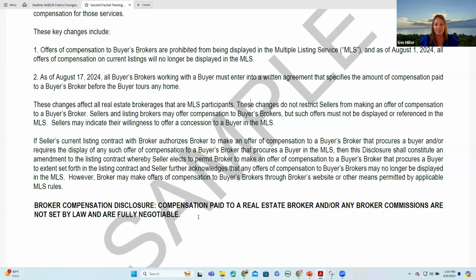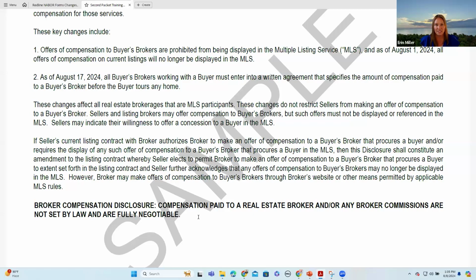And the seller further acknowledges that any offer of compensation to a buyer's broker may no longer be displayed in the MLS. However, the broker may make offers of compensation to buyer's brokers through the broker's website or other means permitted by applicable MLS rules.